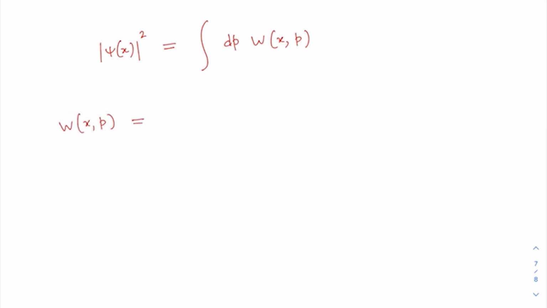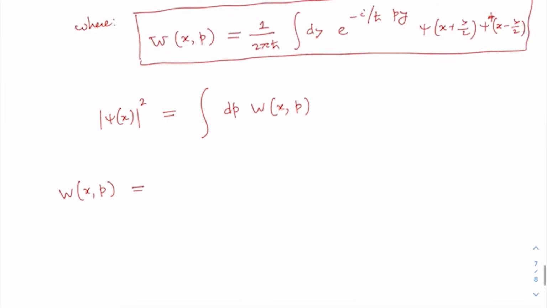So let me write it like this. You have W(x, p) equal to 1 by 2πħ ∫dy e to the power minus i by ħ py. Now here I have to take the ensemble average because we have an incoherent classical mixture of different wave functions, each with different probability. So we have to write it in this form.